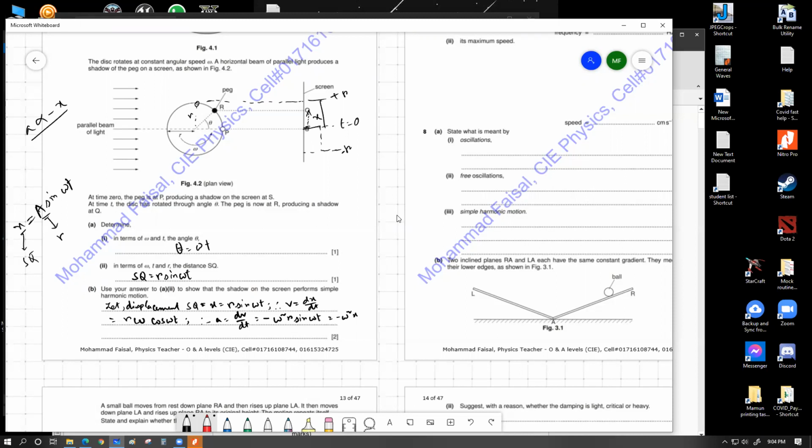You can just write this over here. Ultimately, we get a equals minus constant into x, which brings about a proportional to minus x.